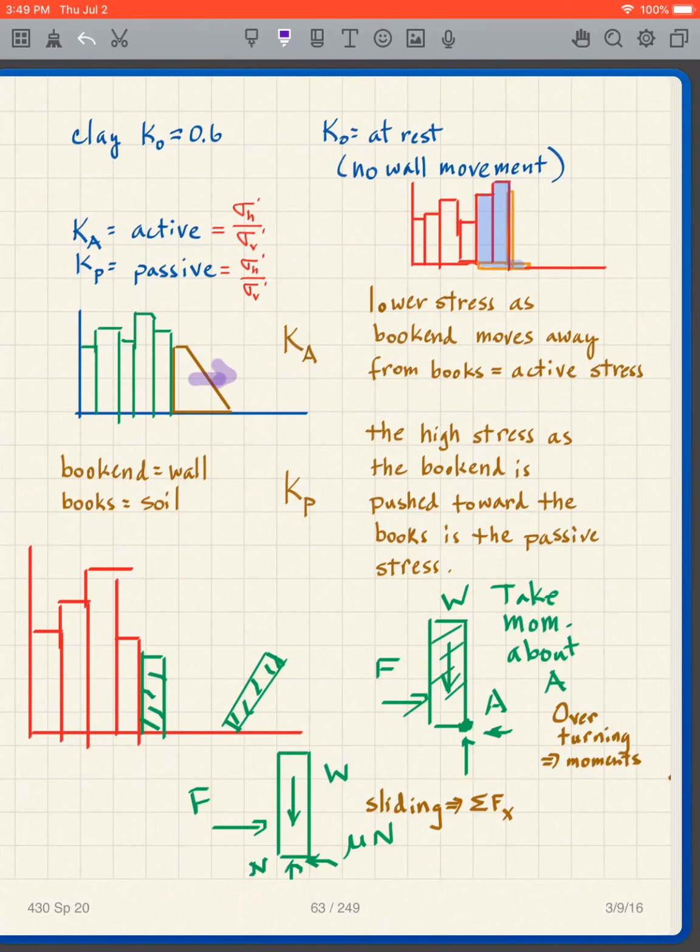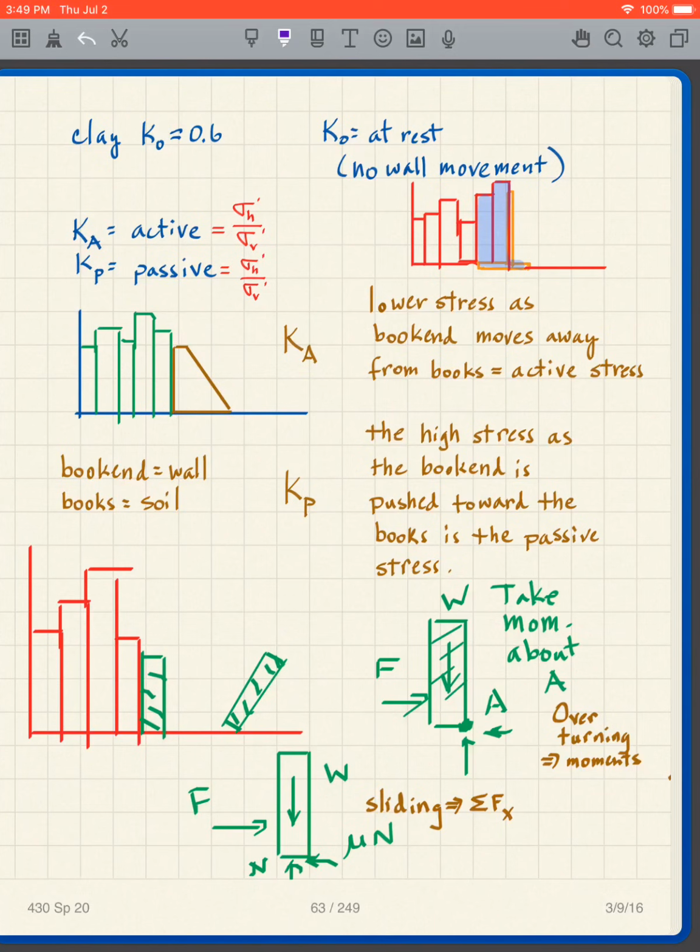They're no longer quite perfect, but at that point you just say, okay, I'm just going to have to accept it, because no matter what you do, as soon as you let go of the bookend, it moves a little bit outward and away from the books. You just live with it because the books are good enough. They're almost perfectly straight, but not quite, and it's acceptable. But basically there is some movement of your bookend, which is your wall.